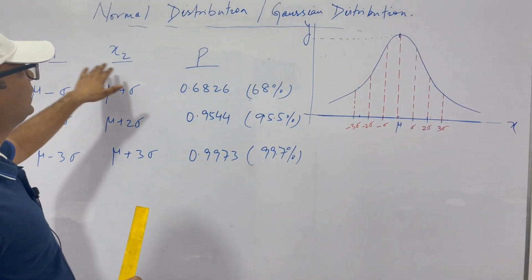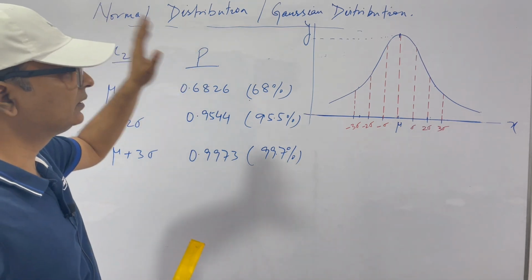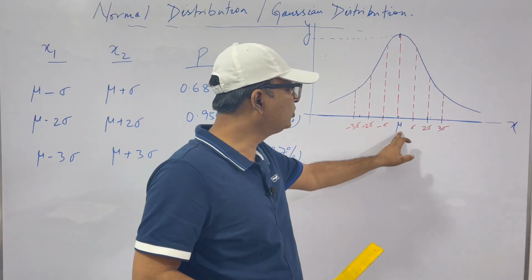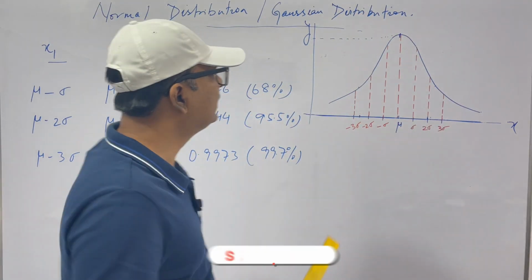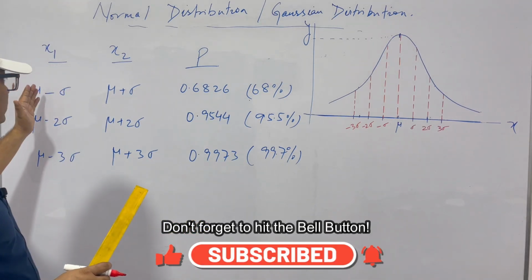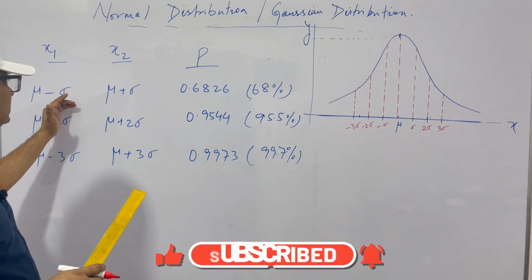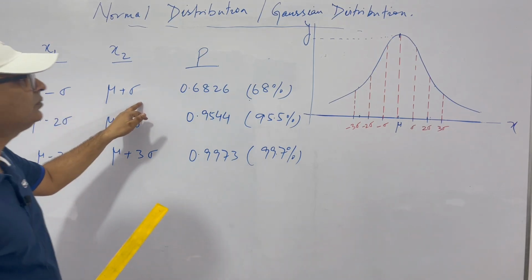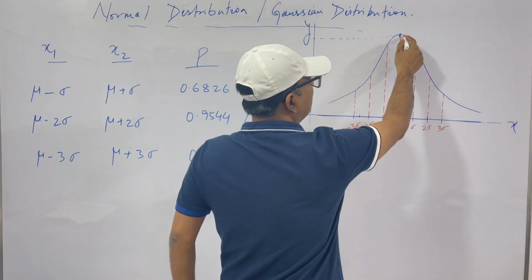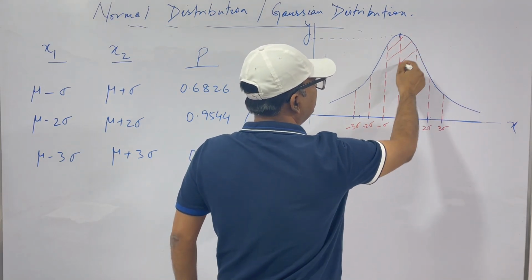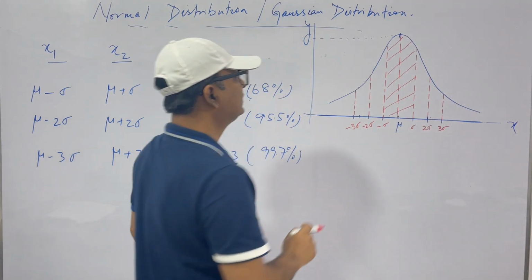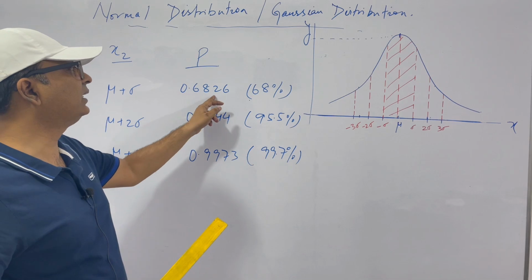This is x1, this is x2, this is the probability. We know this is at x equal to mu. At x equal to mu, we have the mode, the highest point. Now this says that from mu minus sigma to mu plus sigma, from here to here, if you take this part, the probability is 0.6826.